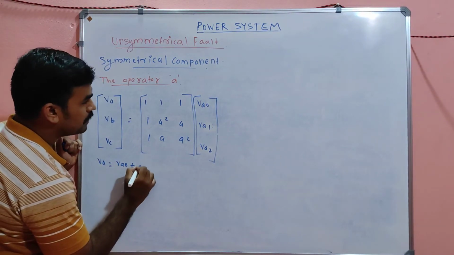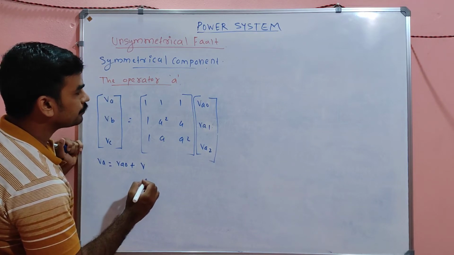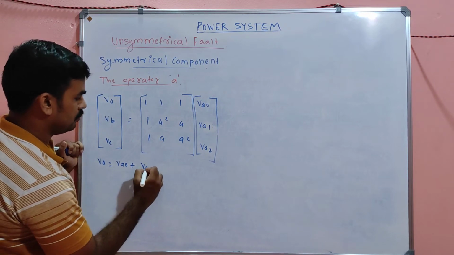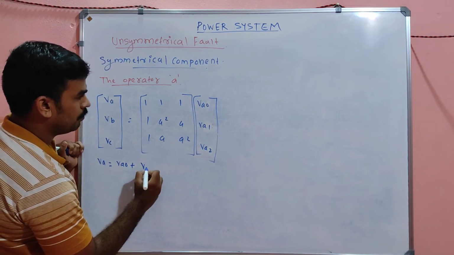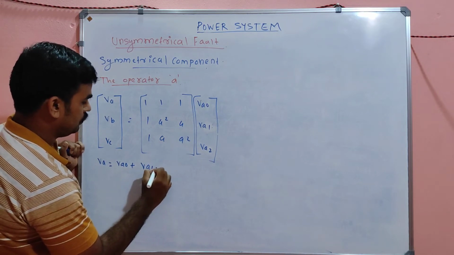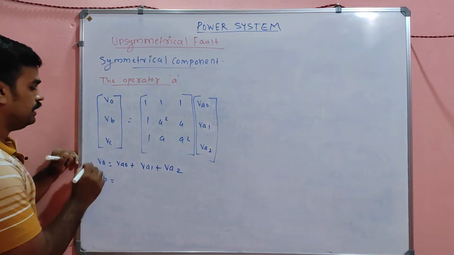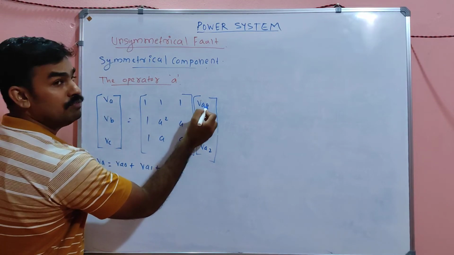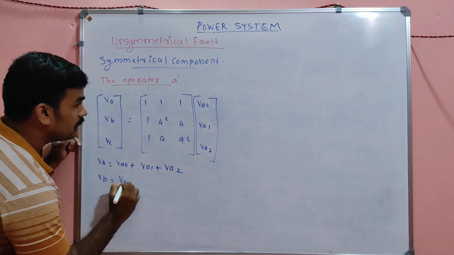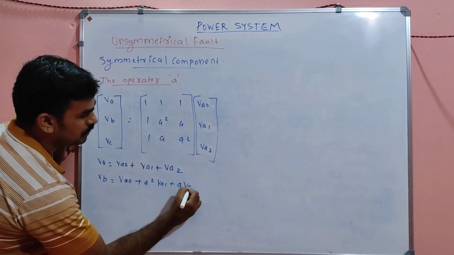VA0 plus this into this, VA2. And VB can be equal to, see, VA will be equal to, my dear, 1 into VA0 plus 1 into VA1 plus 1 into VA2, and VB will be equal to again VA0 plus A square into VA1 plus A into VA2.